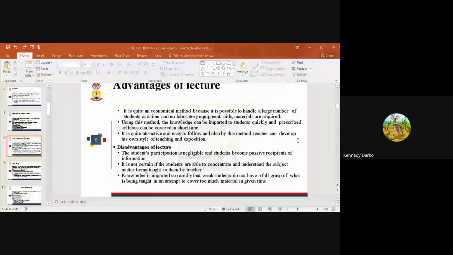It is quite an economical method because it is possible to handle a large number of students at a time, and no laboratory equipment, aids, or materials are needed. I need to handle a large class, and we are saying that the lecture method is the best method in this case because I don't need any classroom to go and sit there.